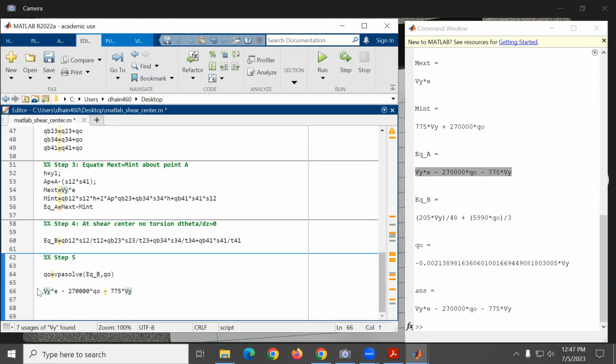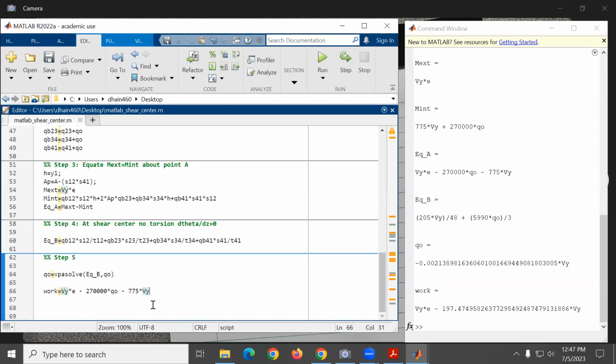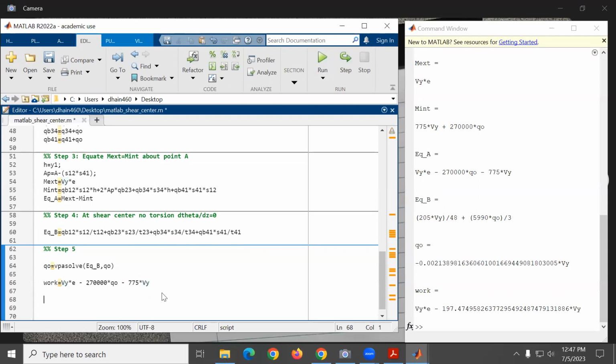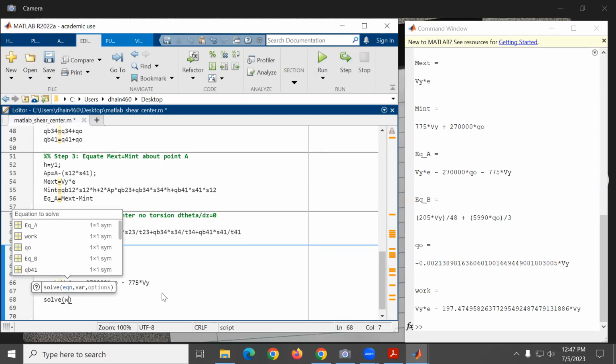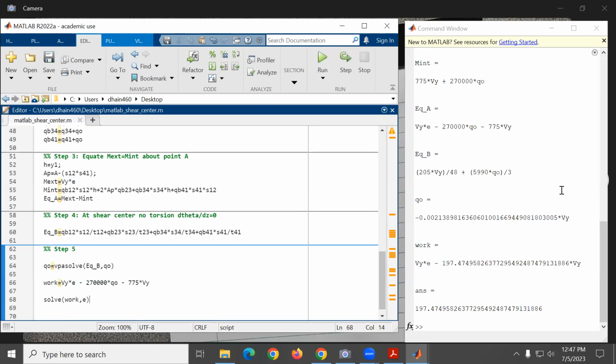Let's say it will be working equation. Let's see if that would work. Okay, and now we can say solve for E. I could put E 197.4, whatever we found, no?